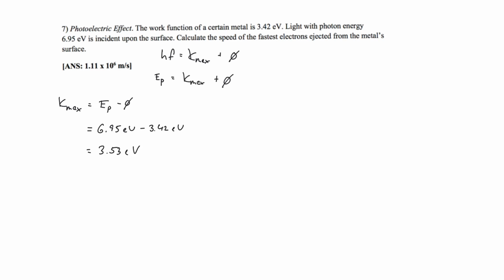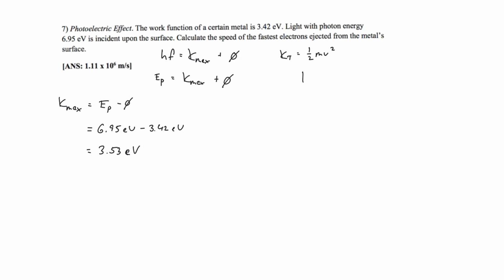Okay, so I know the maximum kinetic energy of the ejected electrons, 3.53 eV. So that's in electron volts. So I know if I'm going to use this equation, kinetic energy is 1/2 mass times speed squared. I need to get this in terms of joules, because we know a joule is a kilogram times meters squared per second squared. So I'm going to convert eVs to joules.